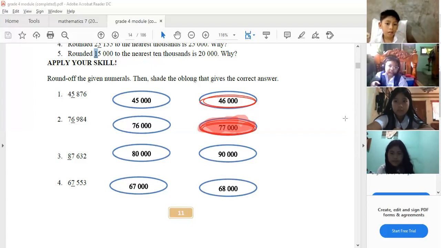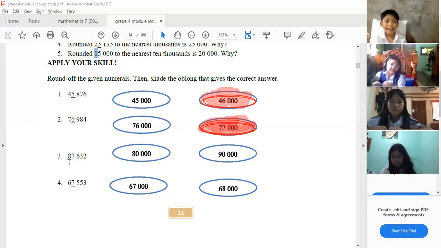What is the round off of the given number? 87, where are we? We are at 8. What is beside it? We have 7. So are we going to round up or down?